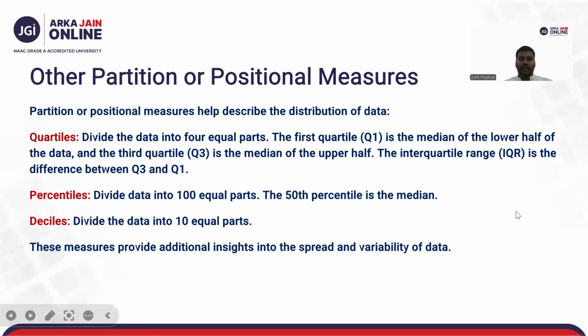Now let's discuss some other forms of measures based on which we can find the central tendency, and what the possible ways are. Based on partition and positional measures, we can determine the central tendency. Partition or positional measures help describe the distribution of data, that is, how the data are distributed inside the data set.